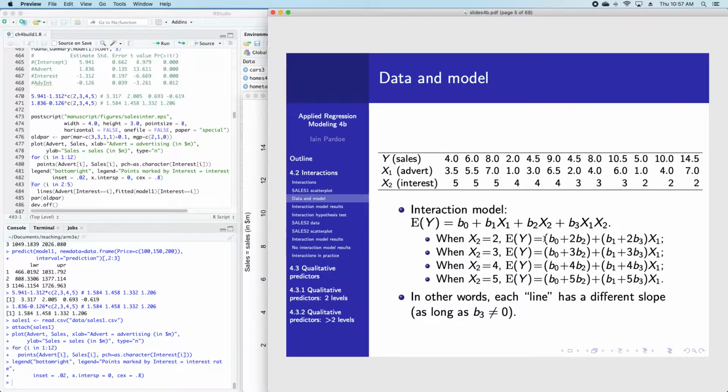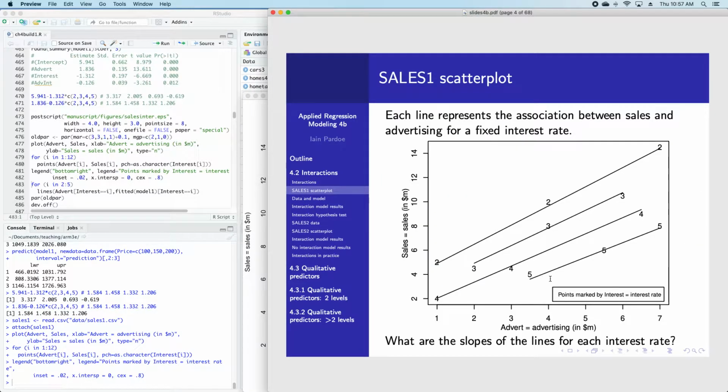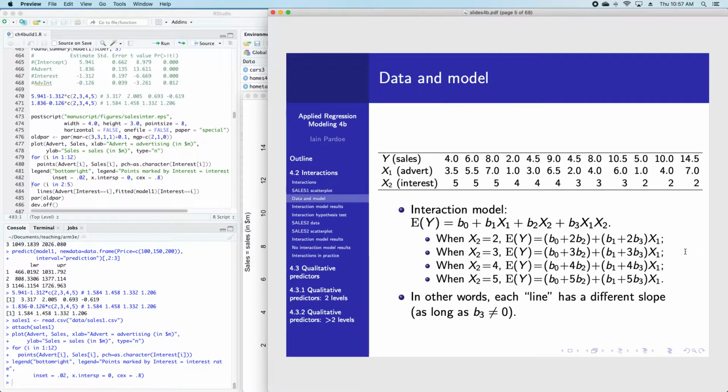And each one has a different intercept and a different slope. Okay, and in my picture here, I've drawn these 4 lines on my graph.